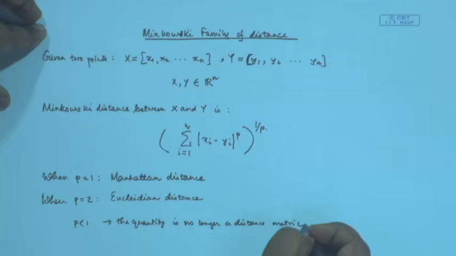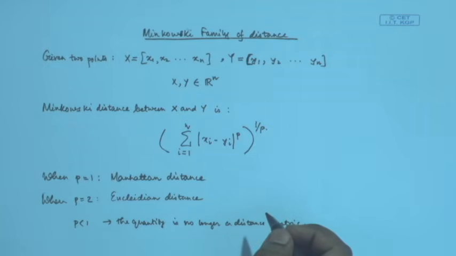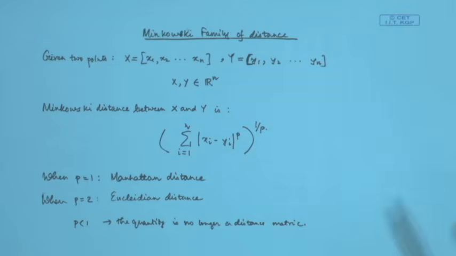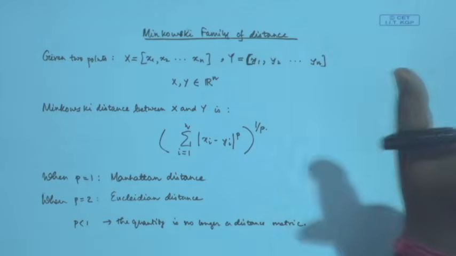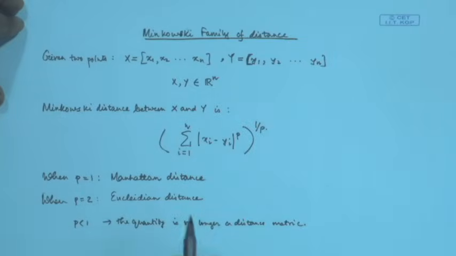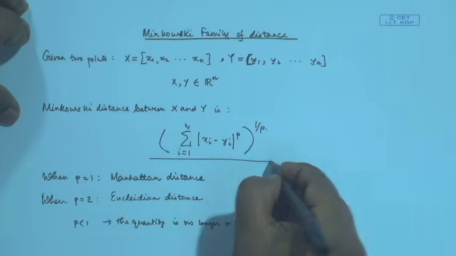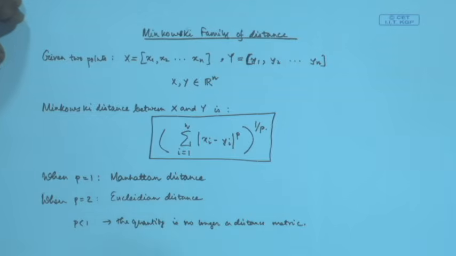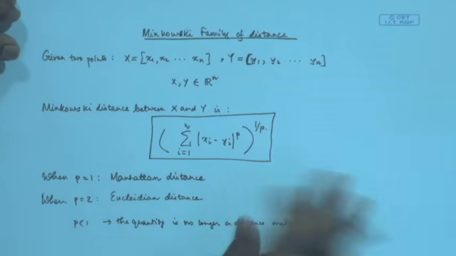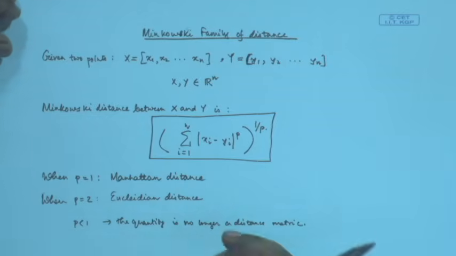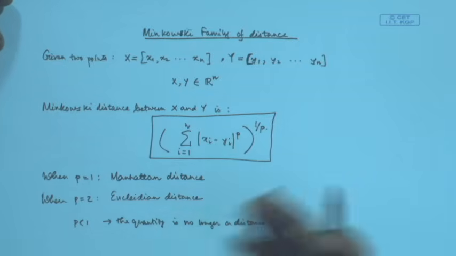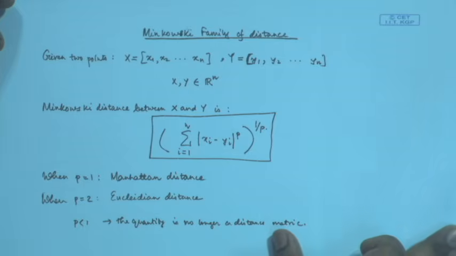So the value of p should be greater than or equal to 1. For less than 1, the triangle inequality ceases to hold, and hence it is no longer a distance function. This is one of the most common distance metrics, right?